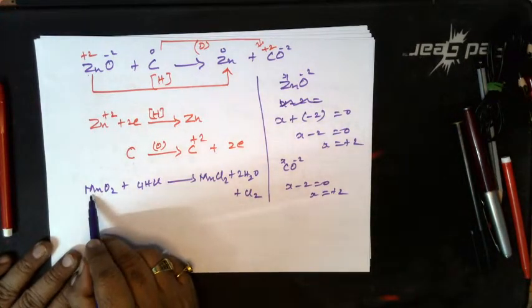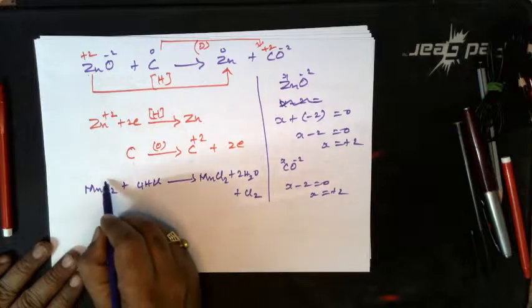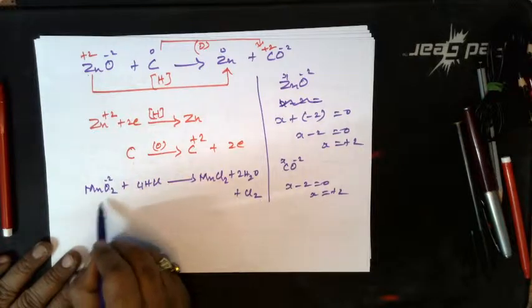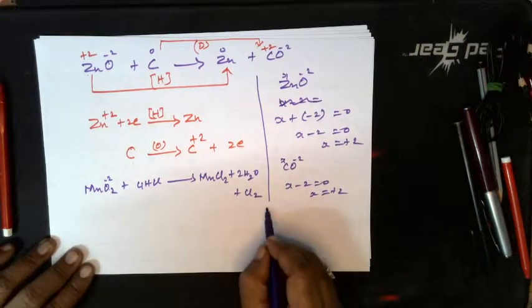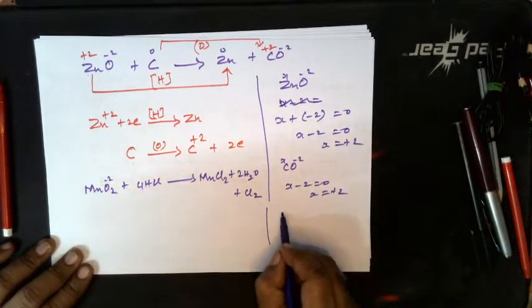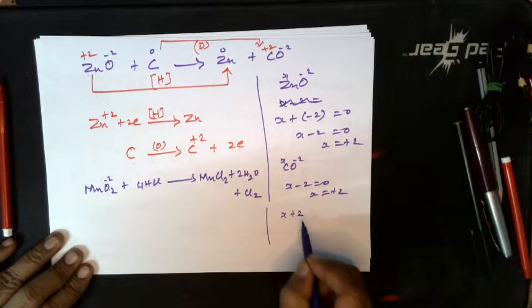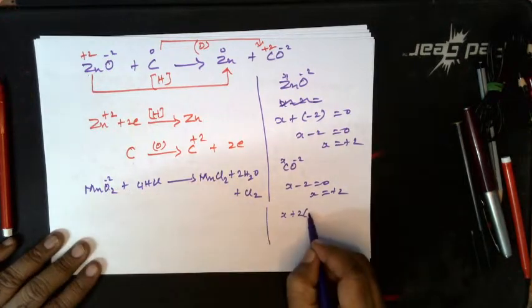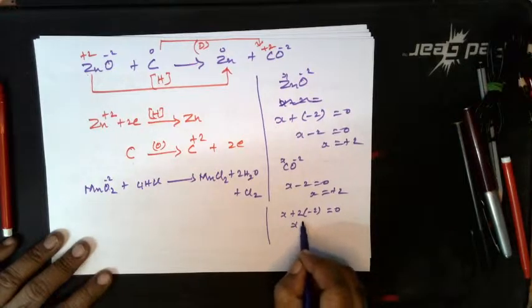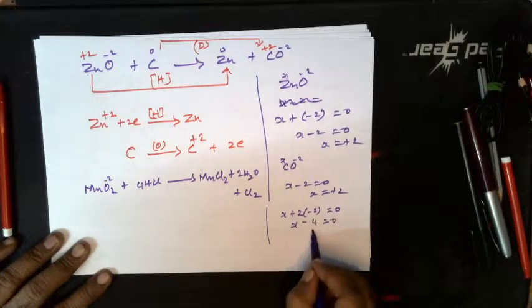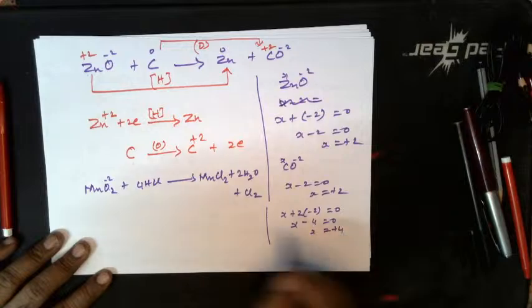What about this manganese? Put X for this. So X plus, there are 2 atoms of oxygen with -2, net is 0, X plus (-4) is equal to 0, so X is equal to +4.